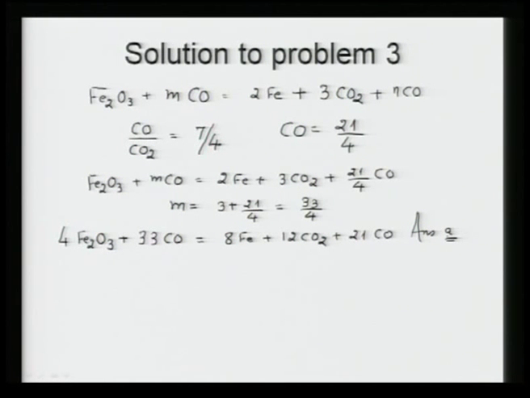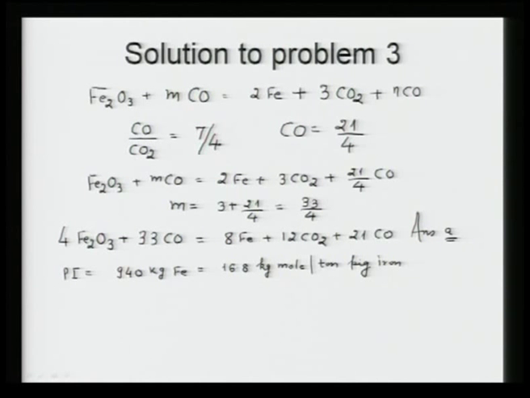Now, next we have to calculate the carbon used. So, we are given pig iron that contains 940 kg iron, which is equal to 16.8 kg mole. This is per ton of pig iron.